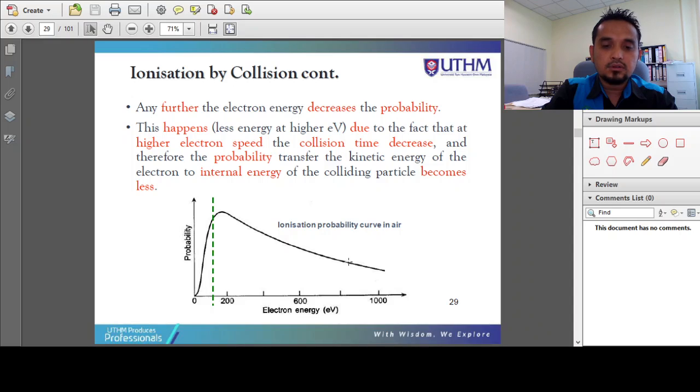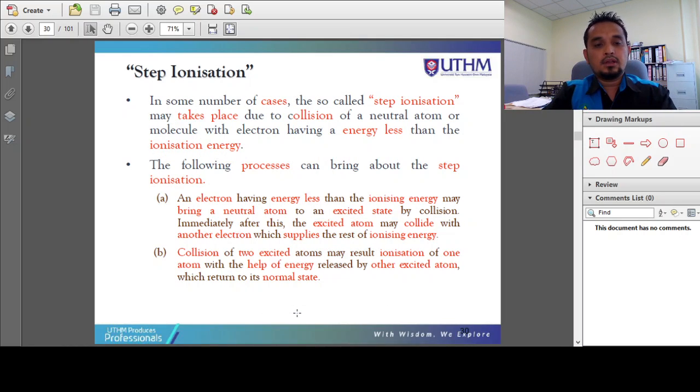After that it starts to lower down, due to the fact that the electron speed at the collision time is decreased, and the probability of energy transfer will be reduced. That is the plot of the probability of ionization versus the electron energy. This is ionization by collisions.